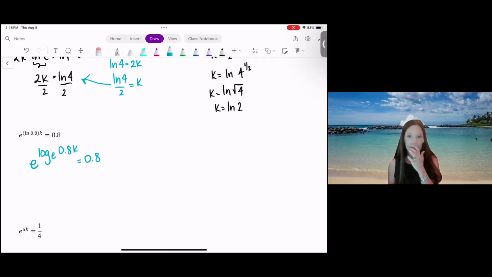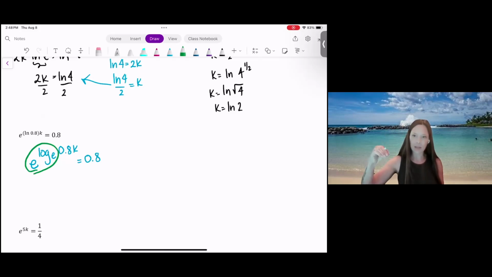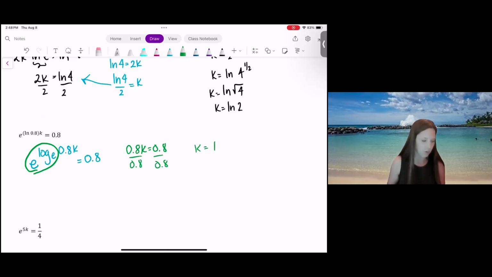We're solving for k here, but if you recall, a base to an exponent of a log of that same base, those actually cancel each other out, and you're just left with the logarithm value of 0.8k. That means I have 0.8k equals 0.8. Dividing both sides by 0.8 gives me that k equals 1.